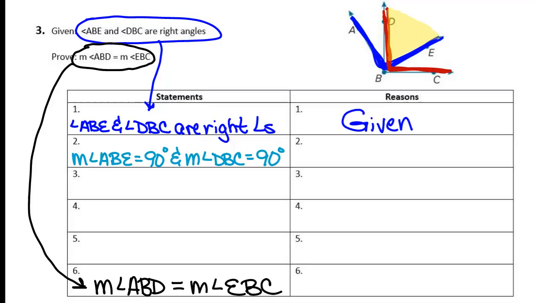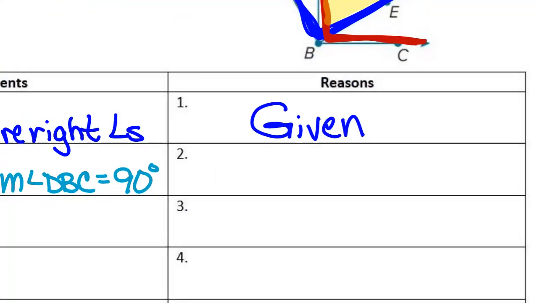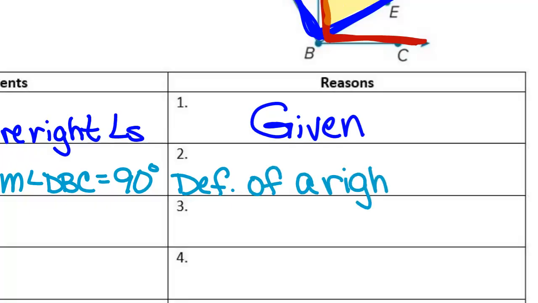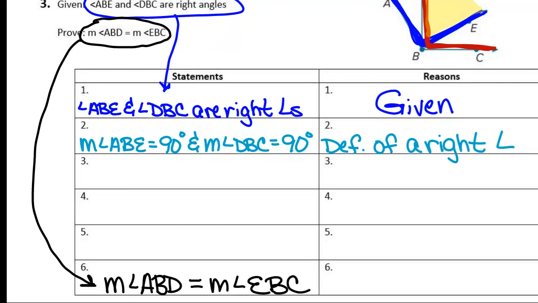Here we were told they were right angles. Why does that mean I can say they're equal to 90? Yes. Definition of a right angle. Definition of a right angle.